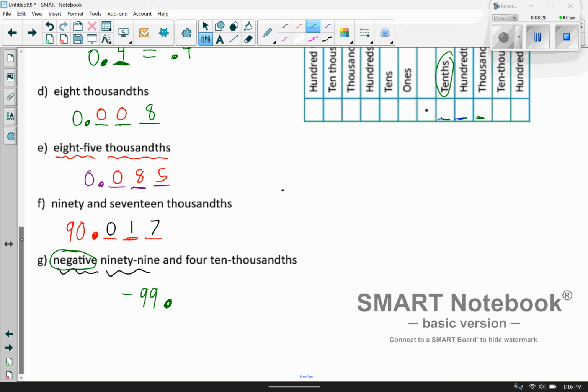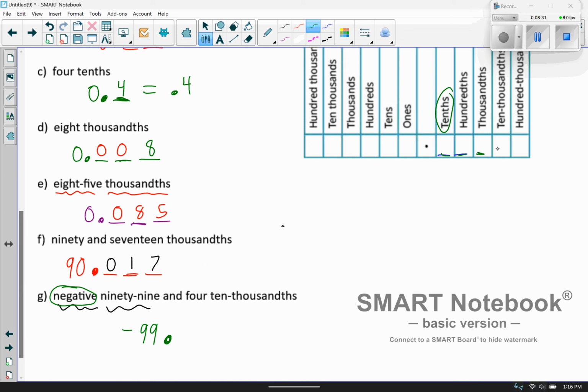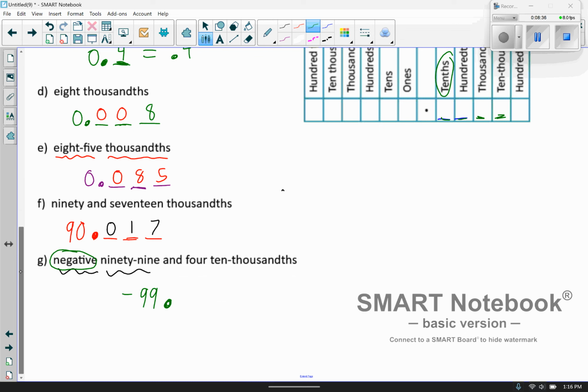So we haven't done 10,000ths yet, but if you look on our list, that would be 4 decimal places to the right. So I'm going to have 4 spots, 1, 2, 3, 4, and we can fit that 4 in right here. We have to fill in that last spot for sure, okay? And then anything in between gets filled in with zeros. So negative 99 and 4 10,000ths is negative 99.0004. All right, that does it.